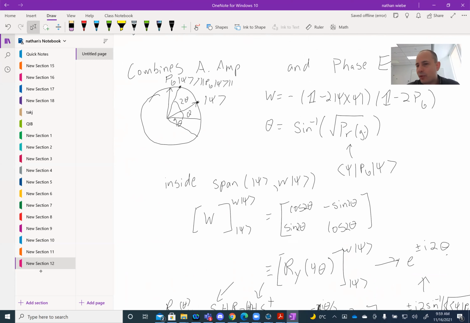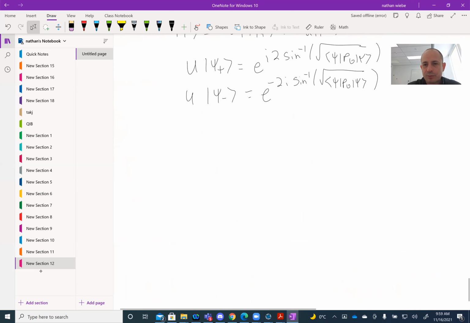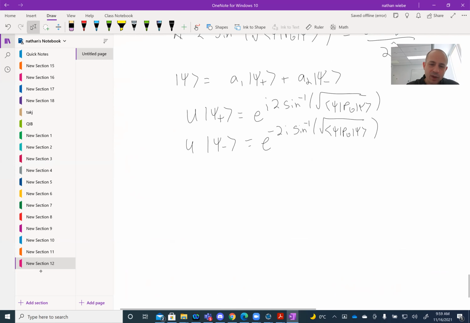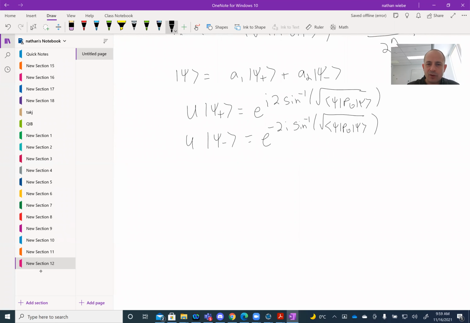So for our purposes, we really don't care about them. We can focus our attention only on this two-dimensional subspace, which is the only important part for the problem. So, okay, these are the particular eigenvalues, and we can use our results from before.